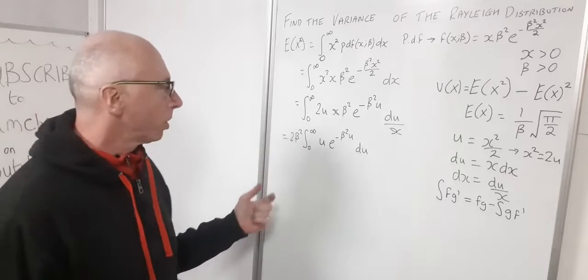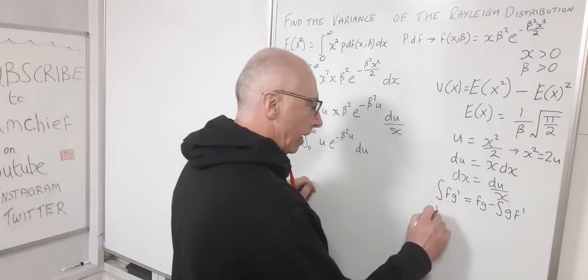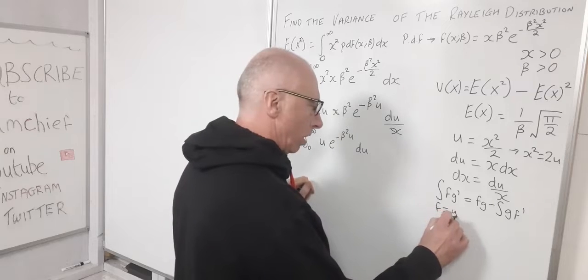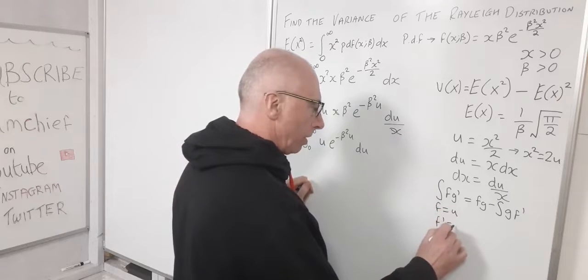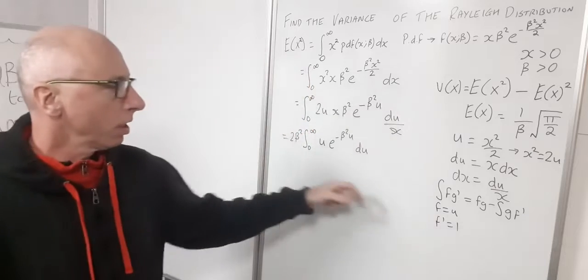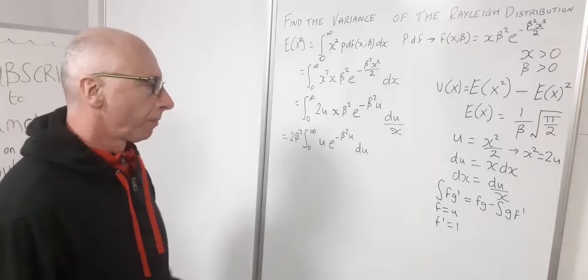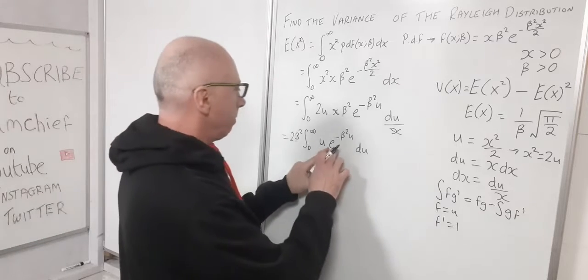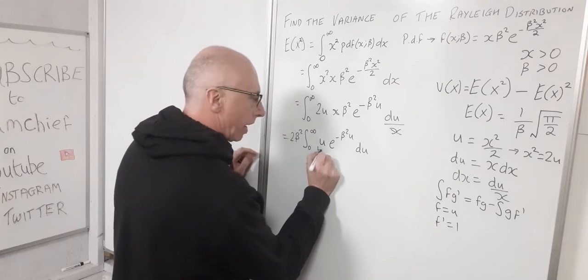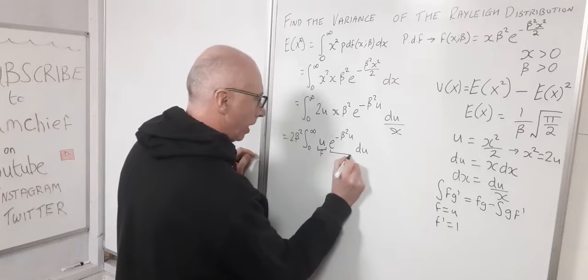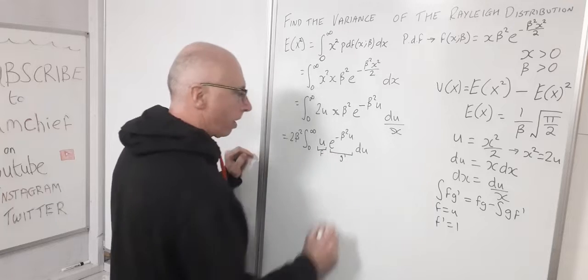So that could be a good option. So I'm going to let f equal u, which means my f prime is just 1. So that's going to be great when I'm doing my second integral here as part of my answer. And I'm going to let g prime equal this. So that's my f and that's my g prime.